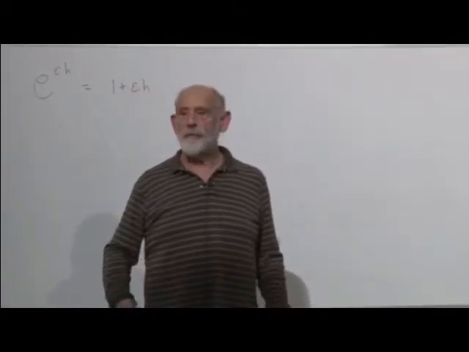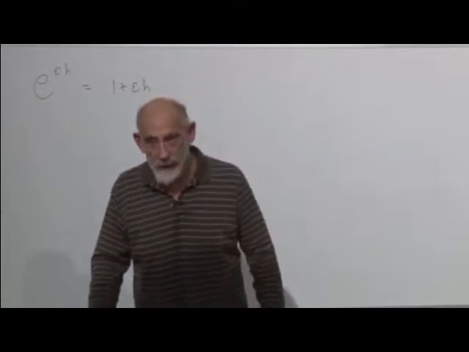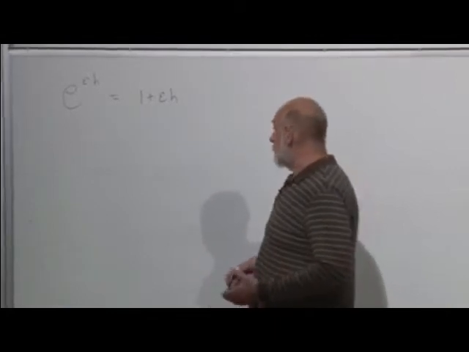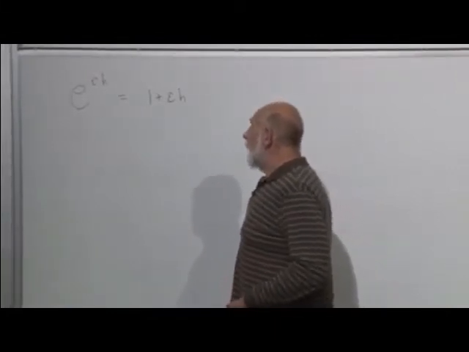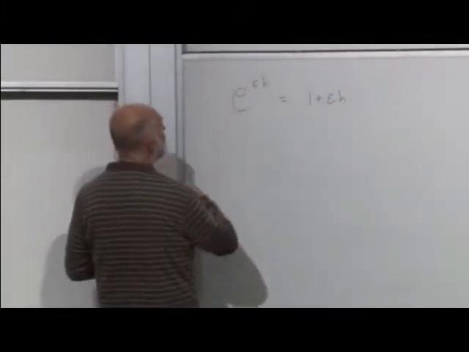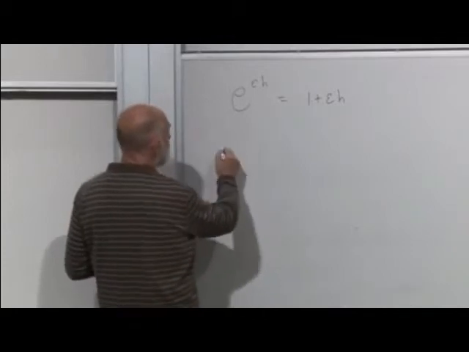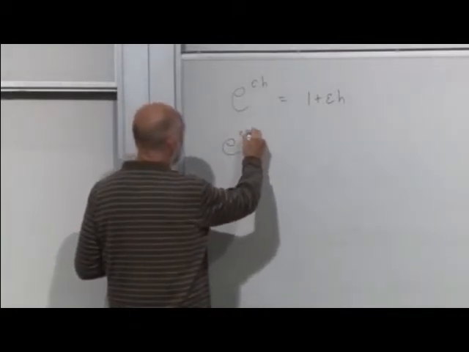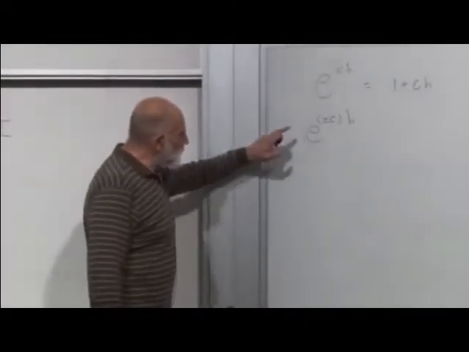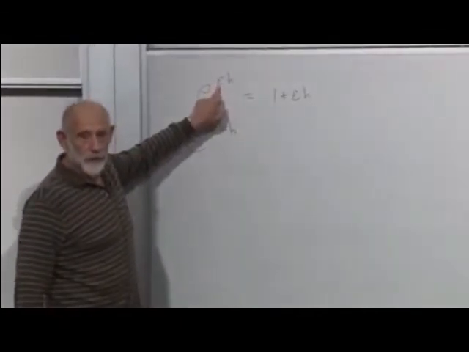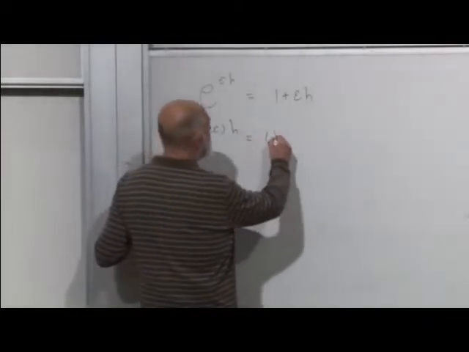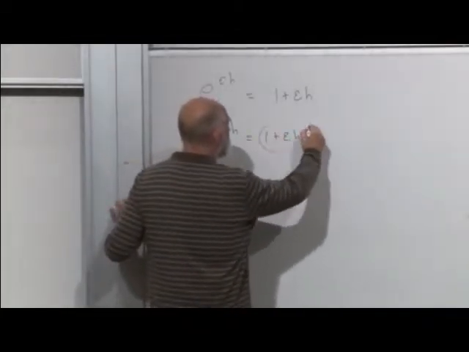That's the formal Taylor series expansion, keeping only the first term, assuming the second term and higher terms are negligible. Now, supposing you want to make epsilon a little bigger, instead of just epsilon, I want to take e to the 2 epsilon times h. E to the 2 epsilon h is just the square of e to the epsilon h, so it's equal to 1 plus epsilon h squared.